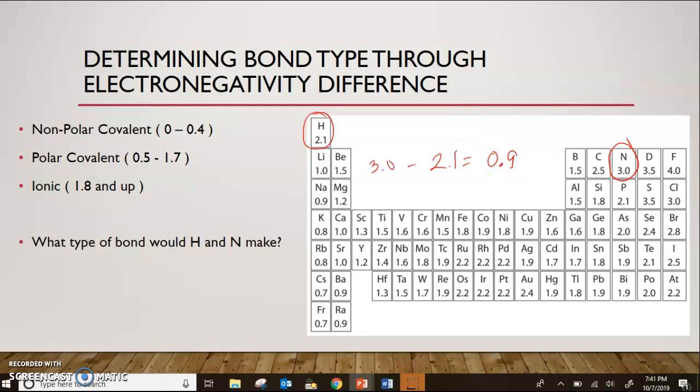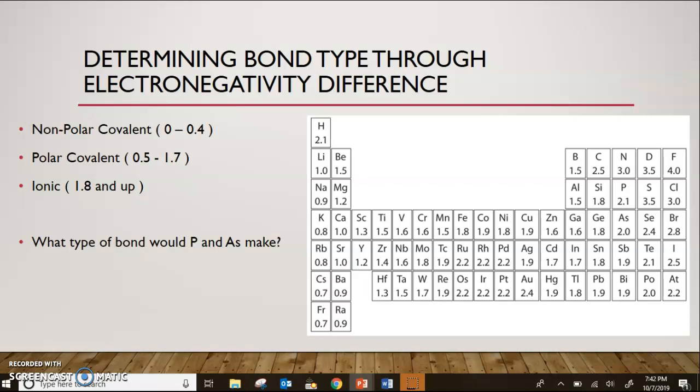So if my difference is 0.9, it's polar covalent. Okay, and I'm going to go ahead and draw my polarity arrow. So I'm going to do nitrogen with a 3.0 bonded to hydrogen with a 2.1. Hydrogen being smaller is going to have that positive sign, and my electrons are being moved over towards nitrogen.